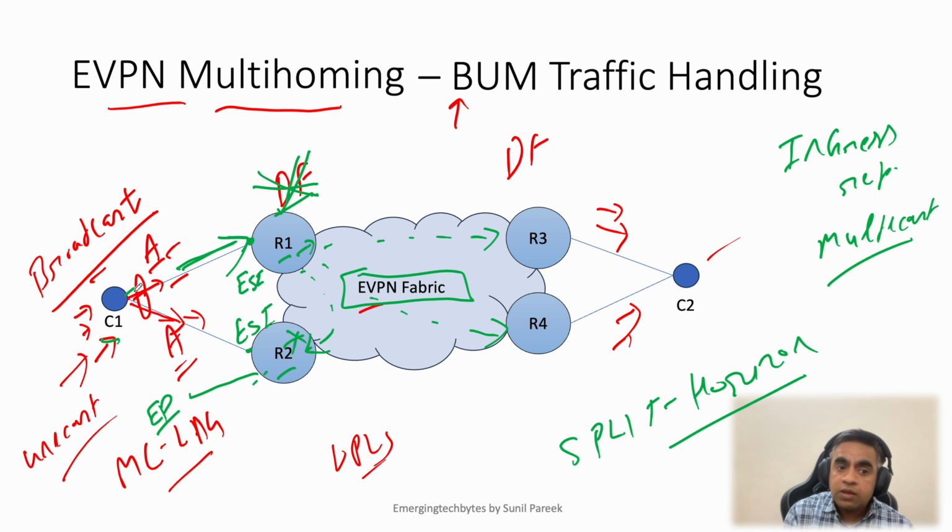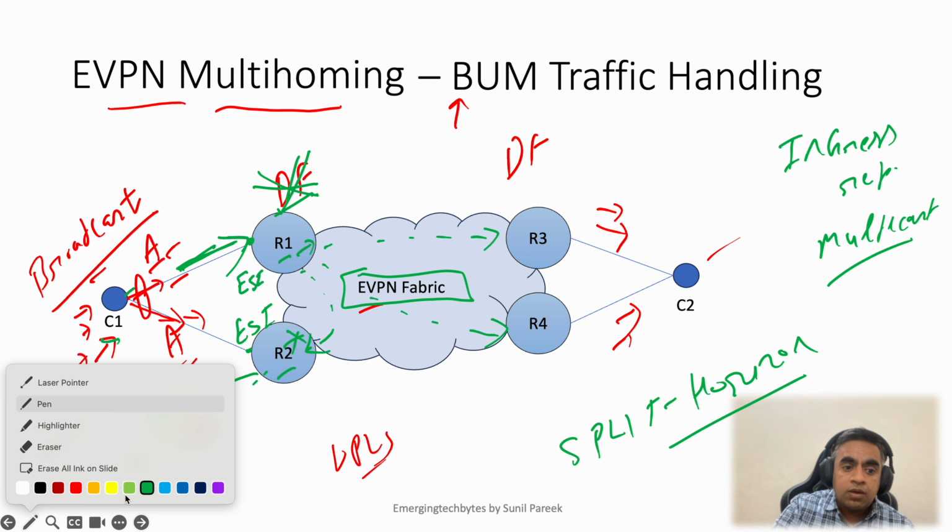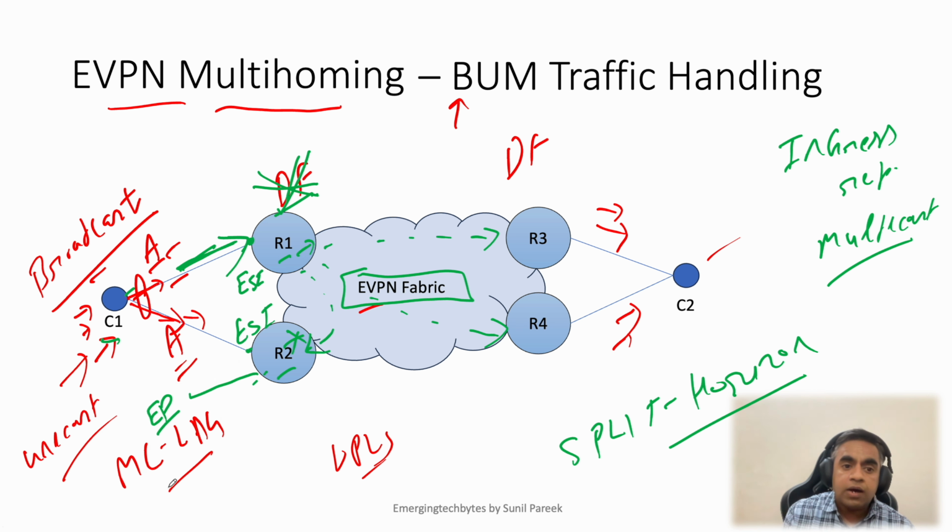One broadcast is coming on this link. Another broadcast may come on another link, let's say here. In this case, R2 will send that here, and because this belongs to the same ESI, R1 will not forward it on this link, but R1 can very well send it if there is another endpoint in the same VLAN connected here.